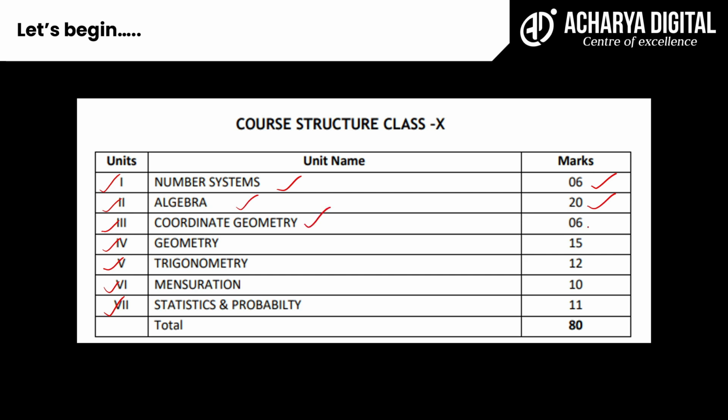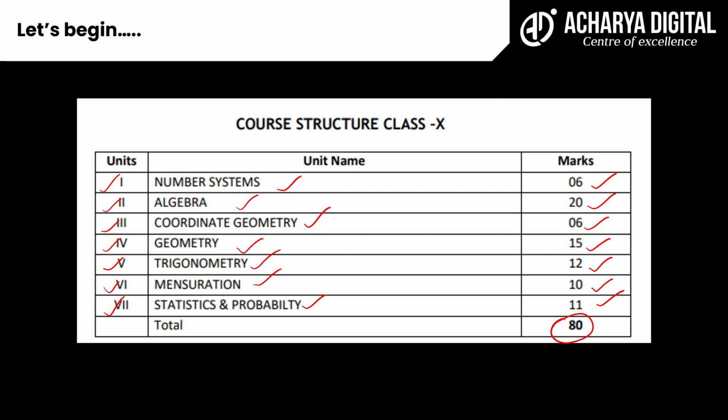Third one is coordinate geometry carrying 6 marks. Geometry carrying 15 marks. Trigonometry carrying 12 marks. Mensuration carrying 10 marks. Statistics and probability carrying 11 marks. So your total is 80 marks.